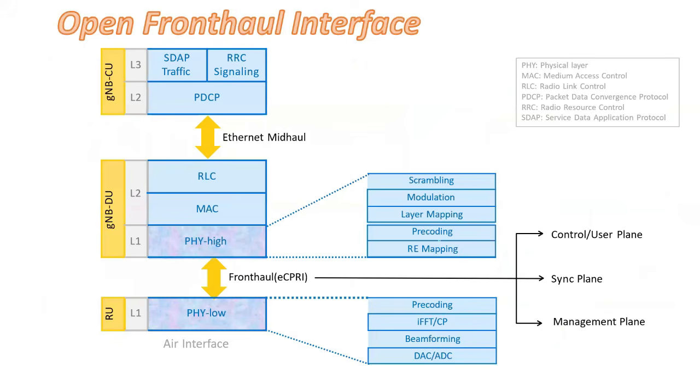Okay, so in this slide we have discussed that physical high functions will be scrambling, modulation, layer mapping, pre-coding, and the RE, resource element mapping. But physical low, which has real-time functions like DAC, ADC, digital to analog conversion, analog to digital conversion, beamforming, IFFT, CP, cyclic prefix addition, and pre-coding. All these functions will be at the physical low.